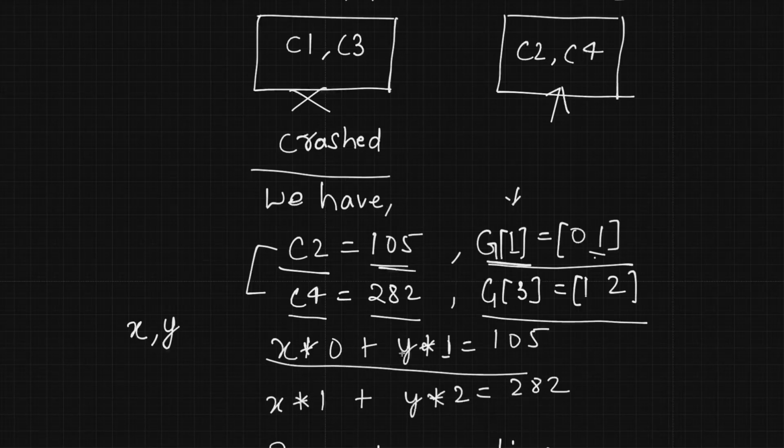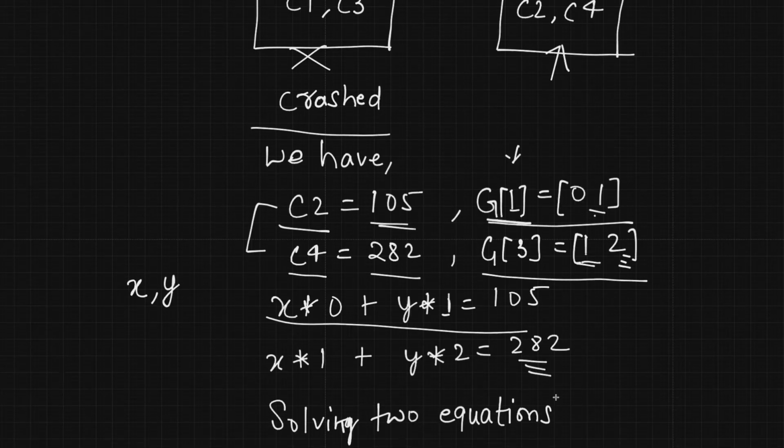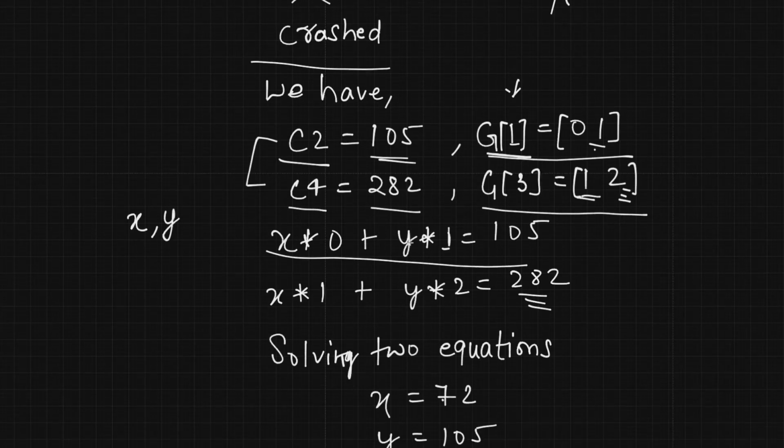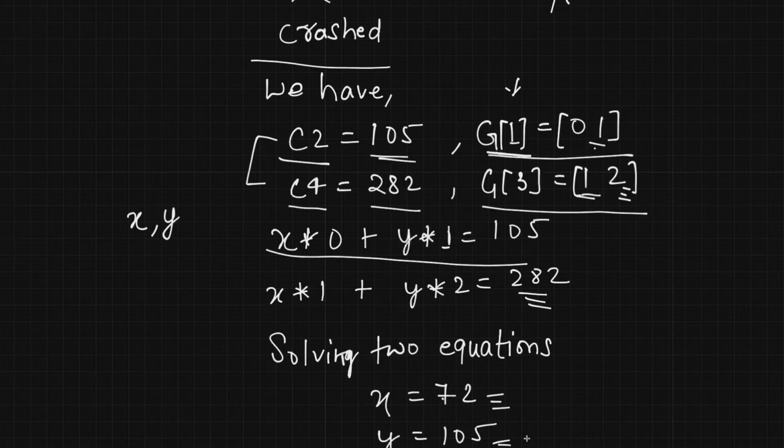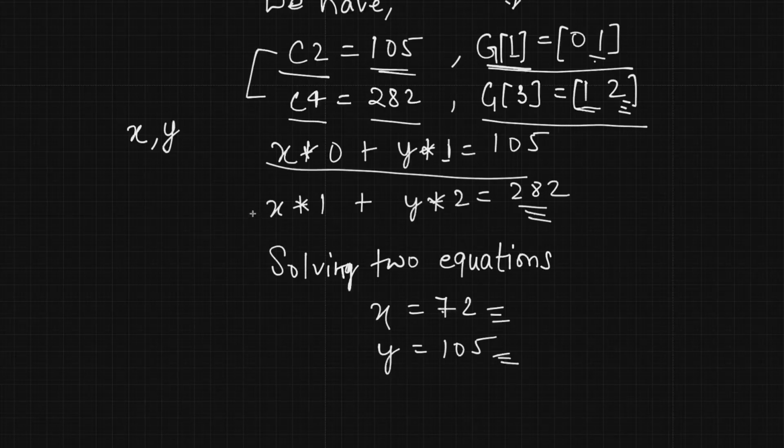Second is X into 1 plus Y into 2, which will give me 282. As you can see, these are very simple equations, from which I can generate my X and Y values, which come out as 72 and 105. So hence we got the data even with just the chunks stored on the different nodes.